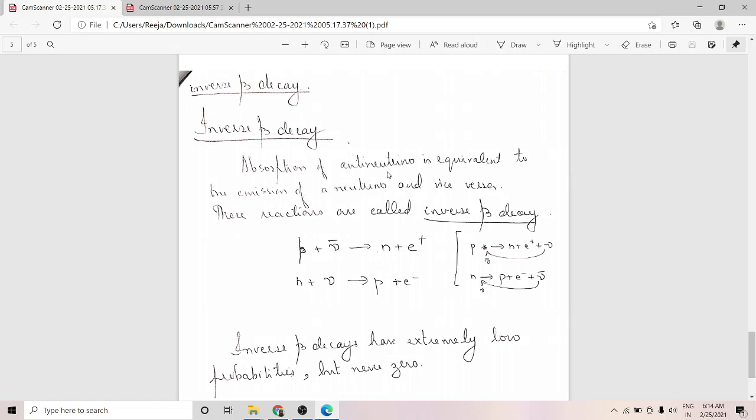That means here the proton in the matter absorbs an antineutrino and a neutron and a positron is emitted. Then a neutron interacts with the neutrino to give proton and electron. These equations form inverse beta decay.